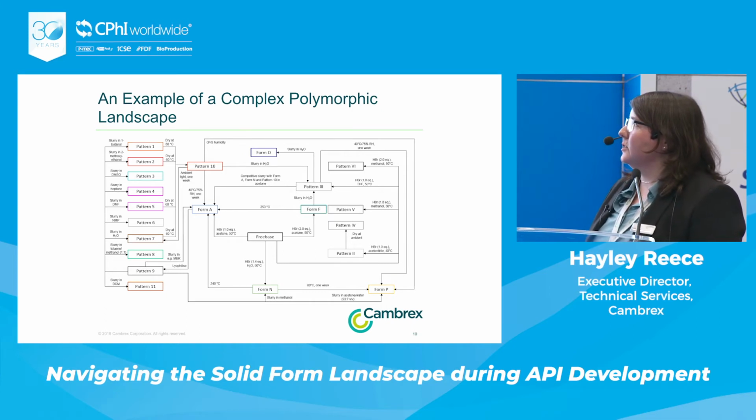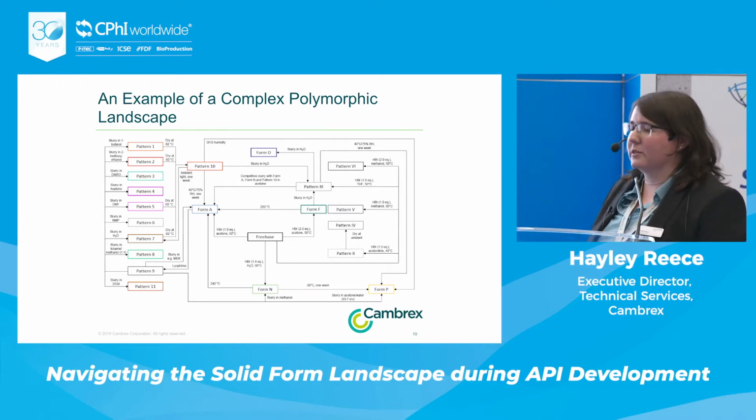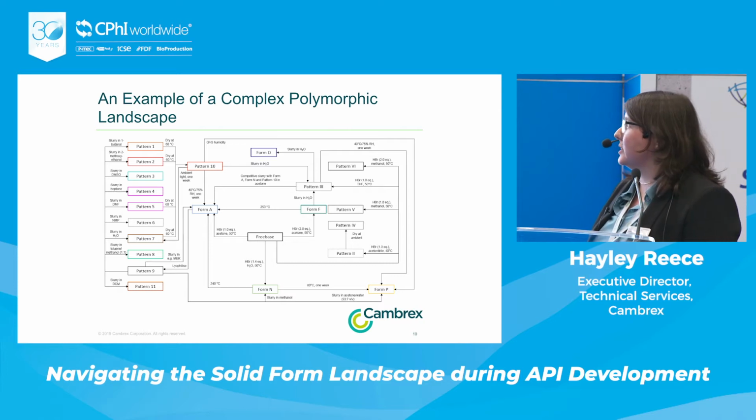Now, ideally, you would count yourself a little bit unlucky if your polymorphic landscape looks like this, because this is pretty complex. So most of the compounds that we work with, you won't get as complex a polymorphic landscape as we see here. But if you do, really the critical thing is to understand what conditions each polymorphic form is generated from.